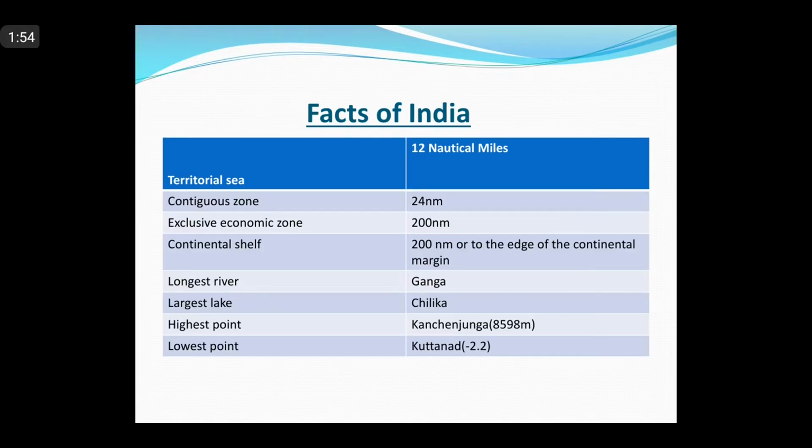Here you can see some geographical facts related to India: contiguous zone, exclusive economic zone, continental shelf, longest river of the country, largest lake, the highest and the lowest point.